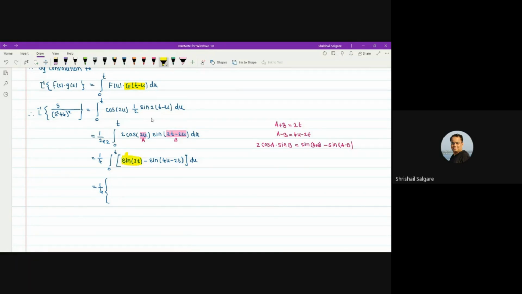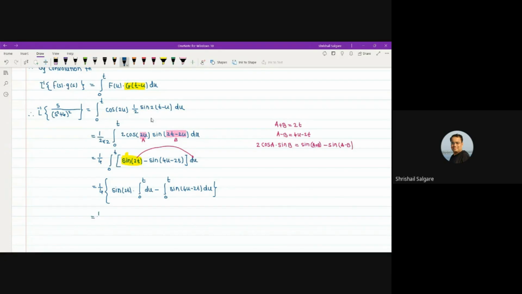This sine 2t, this term is constant with respect to u. So that's why that term I will take outside the integral, and integral 0 to t du, minus the second one, integral 0 to t sine of 4u minus 2t integral with respect to u.